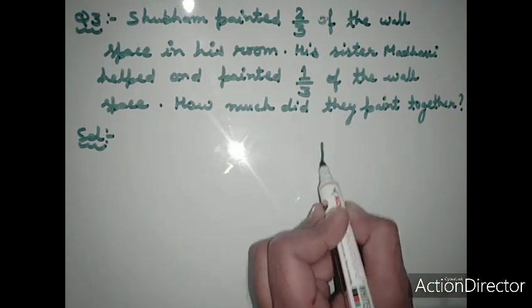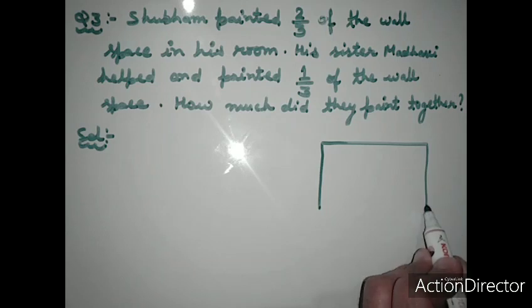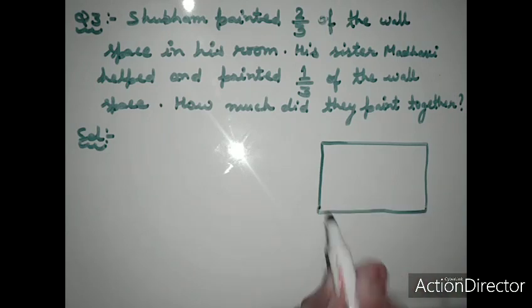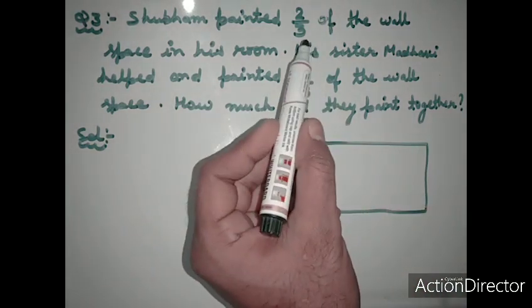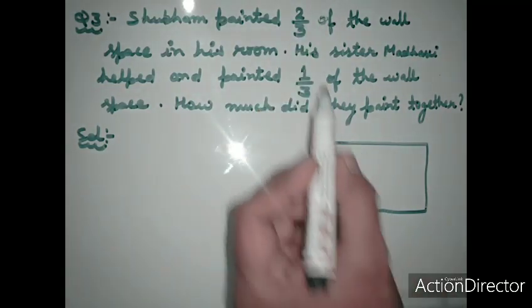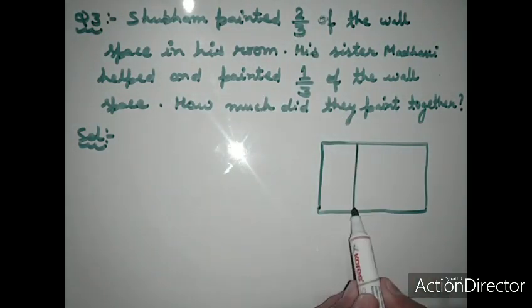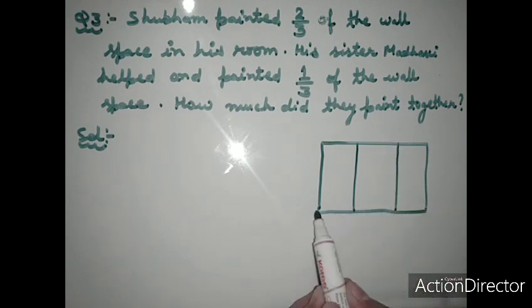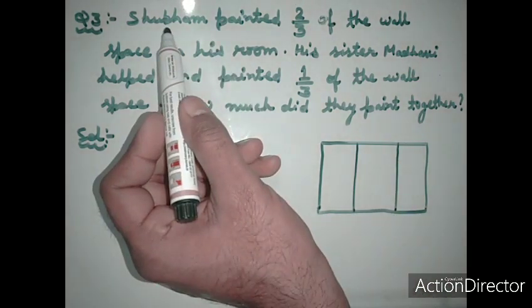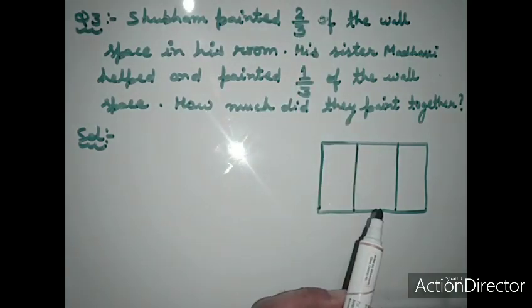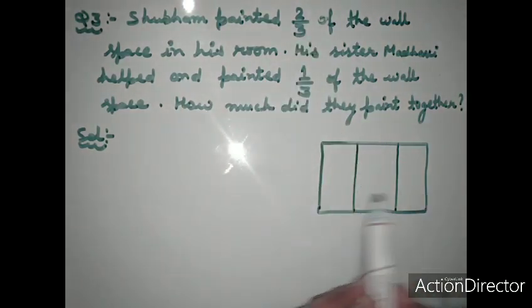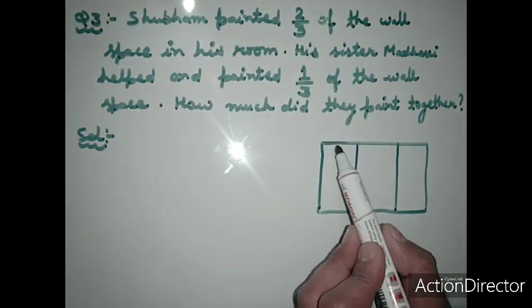So if we take one example, like this is the wall, what are the total number of parts here? 3, right? Because the whole number is 3 here, the total parts is 3 here, right? And Shubham painted 2 upon 3, right? Out of total 3 parts, Shubham painted 2 parts.